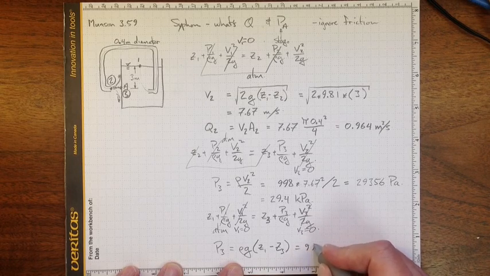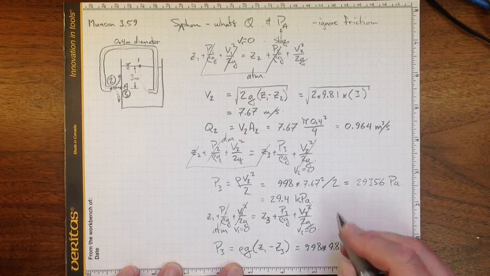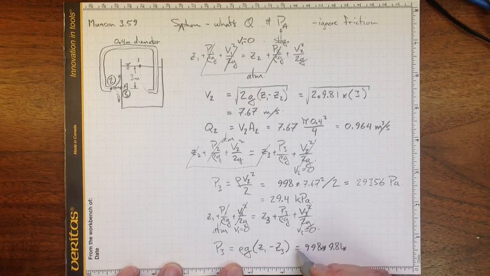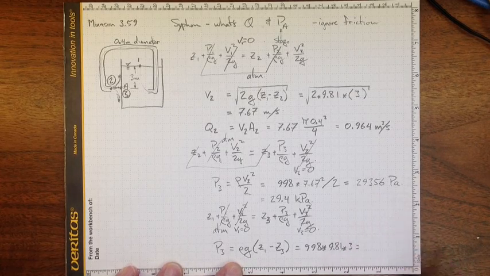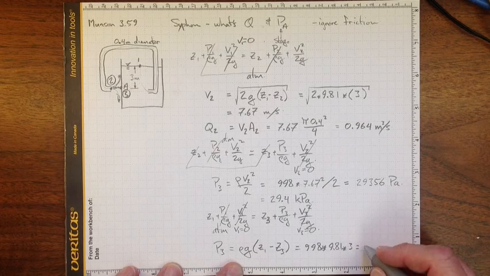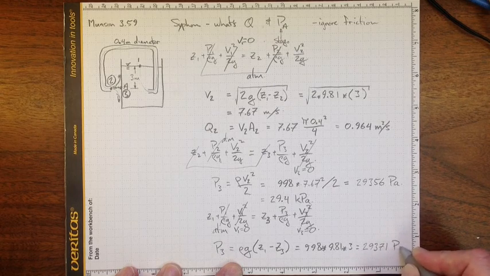That'll be 998 times 9.81 times a height difference of 3 meters. 998 times 9.81 times 3 is 29371 pascals.